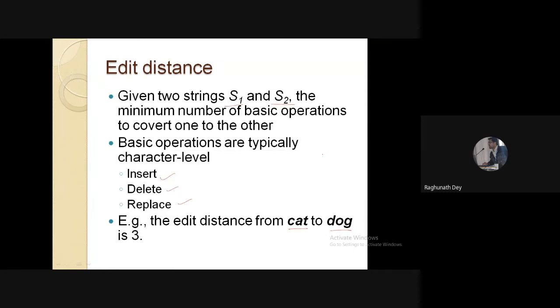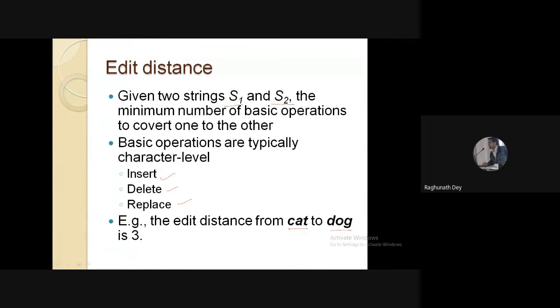If you compare them using edit distance, the distance will be high, meaning the two words are very different. And if the distance is very low, near zero, then the two terms are very similar and maybe the same.